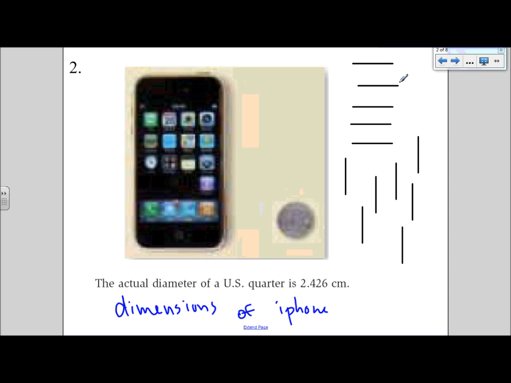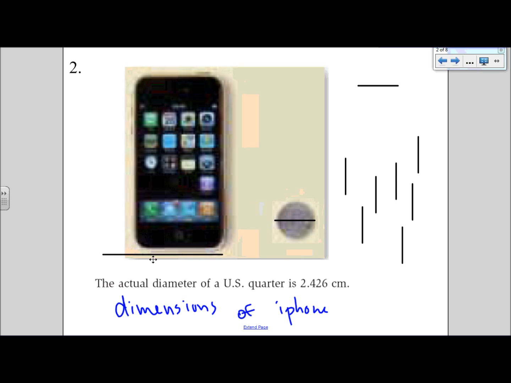Now I have some markings over here, which is maybe a little hint, but I actually give you the diameter of a US quarter is 2.426 centimeters. So if you notice, one of these little lines looks to be like the diameter. So maybe I can fit how many diameters actually go into the width of this iTouch or iPhone, whatever it is.